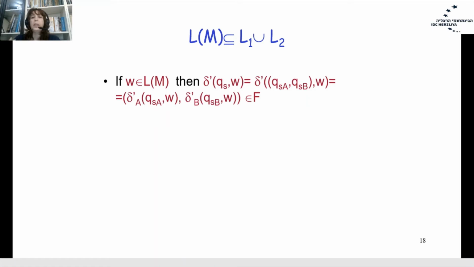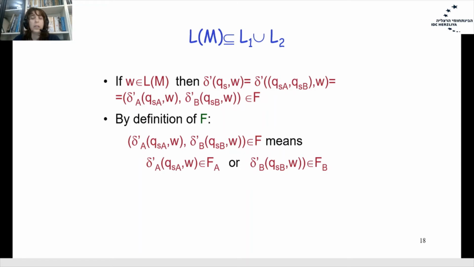That means that if we start reading it from the initial state QSA, QSB on word W, we will finish reading it at the accepting state of the automaton M. And that means that delta cap function in automaton A, when we start reading from the state QSA the word W, or delta cap B, when we start reading the word W from the state QSB, ends at the accepting state.